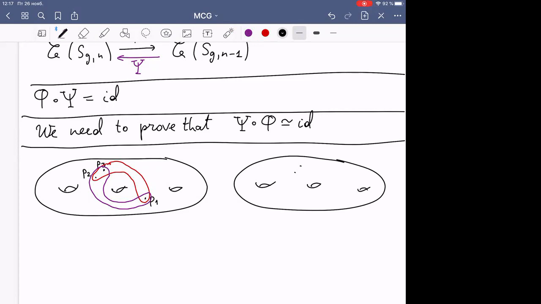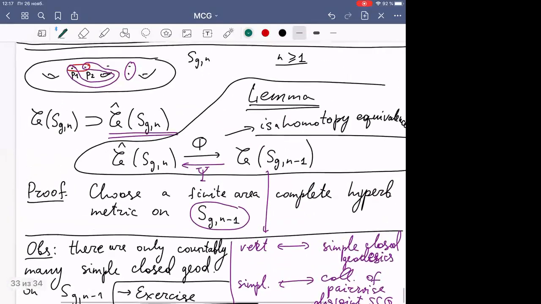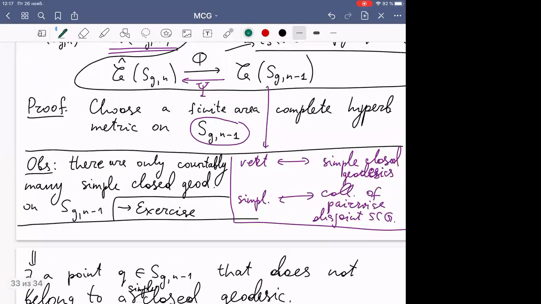For instance, we need to replace them. Here we have a hyperbolic metric, and we replace both of these curves by a closed geodesic. And now we have this choice of point Q, which is arbitrary.